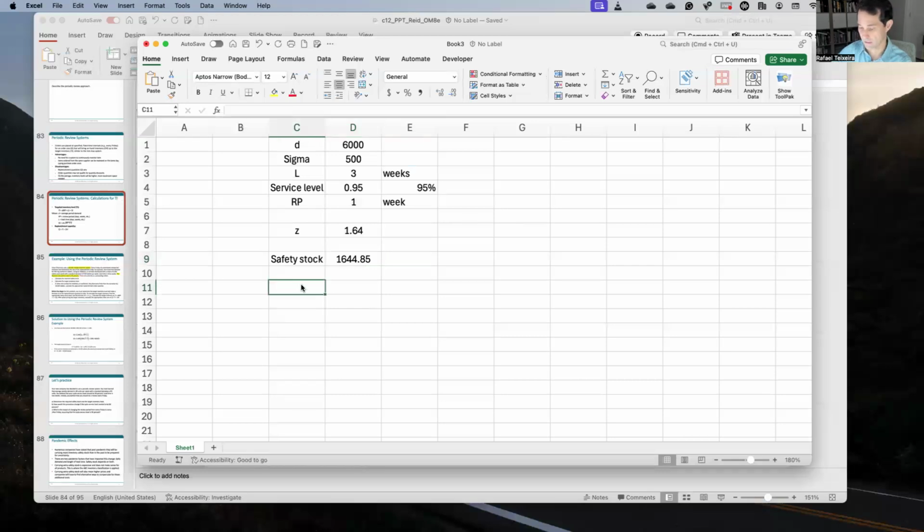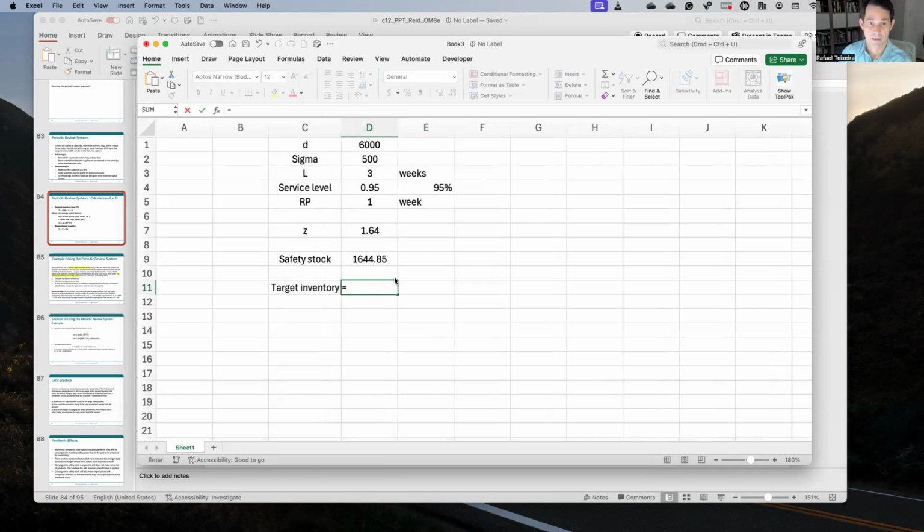So my target inventory is going to be equal to my average demand times open parenthesis my review period plus my lead time, because I'm going to have demand being consumed during this period of time, plus my safety stock, which is 25,644 units. So units of the product.